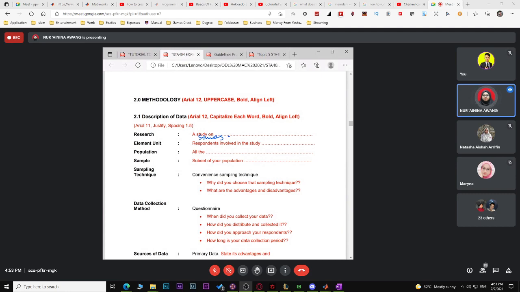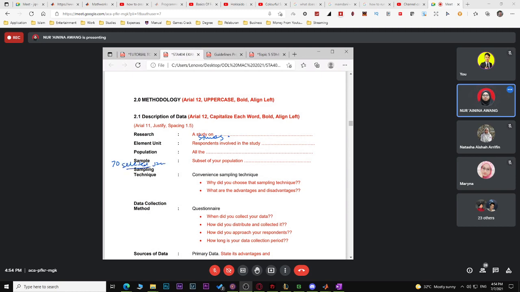Okay, and then for your sample, so sample ni how many respondents yang you ambil untuk research tu. So kalau you ada yang isi Google Form hari tu, contohnya ada dalam 70 orang, so you cakap je lah 70 selected students of FSKM macam tu. Okay, ataupun you kata 70 students of UiTM Shah Alam macam tu. Okay, so tapi kena bagi tahu lah 70 selected student.